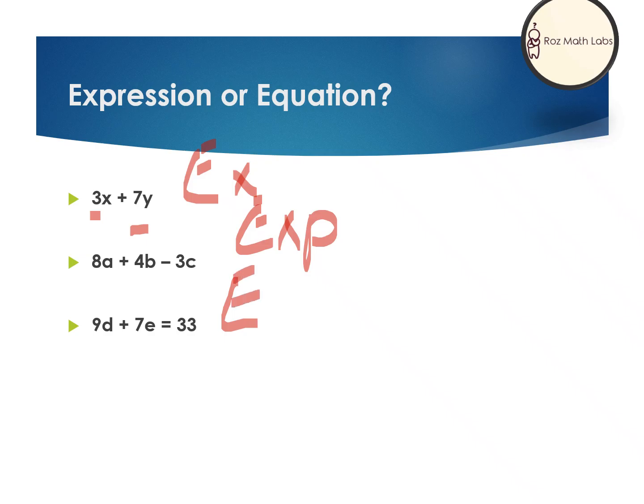Yes, it's an equation as we can see the equal to sign. This is also an equation. And the last one is an expression having three terms. So now we know the difference between expressions and equations.